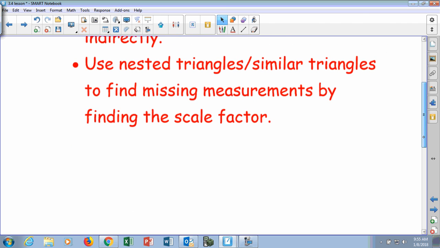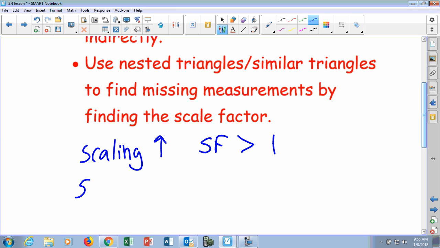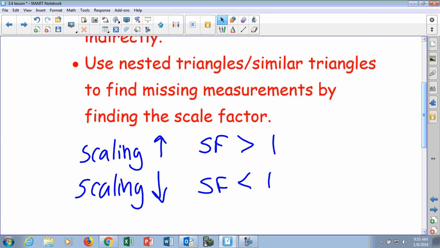And just remember, if we're scaling up, meaning that we're going from a smaller triangle to a bigger triangle, that scale factor has to be greater than 1, right? If we're scaling down, that means we're going from a bigger triangle to a smaller triangle. That scale factor has to be a number less than 1, okay? That's important. All right.